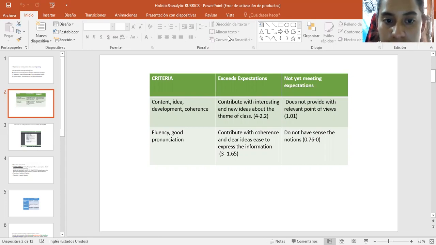For example, if a student is not yet meeting expectations, it means that the student doesn't provide relevant points of view. This category has a score of about 1 point. That is an example of assessing speaking.